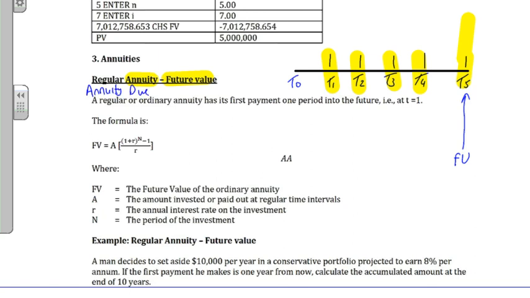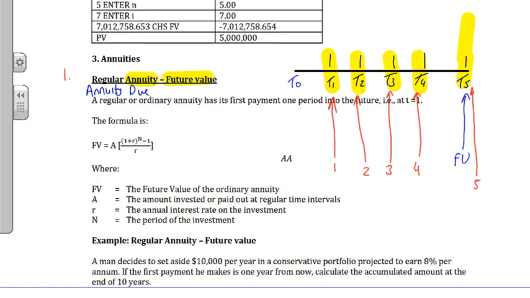I'm going to make my regular annuity in red. A regular annuity means that the payments, in my example, are 5 payments: payment 1, payment 2, 3, 4, and then the very last payment would happen over there.